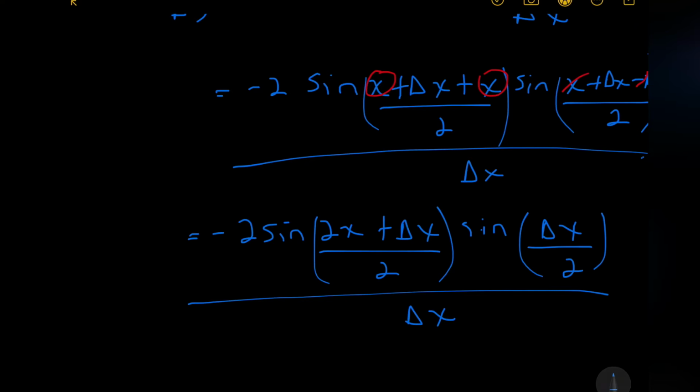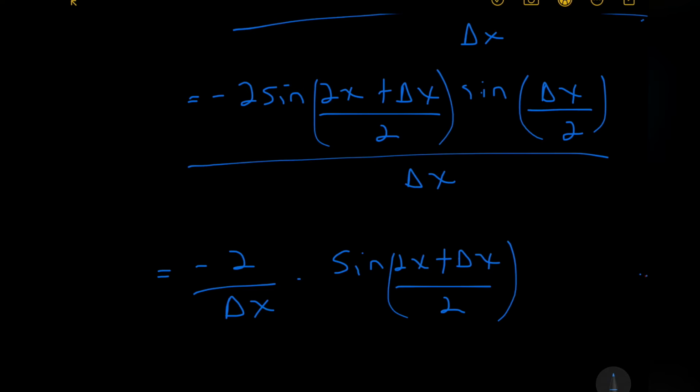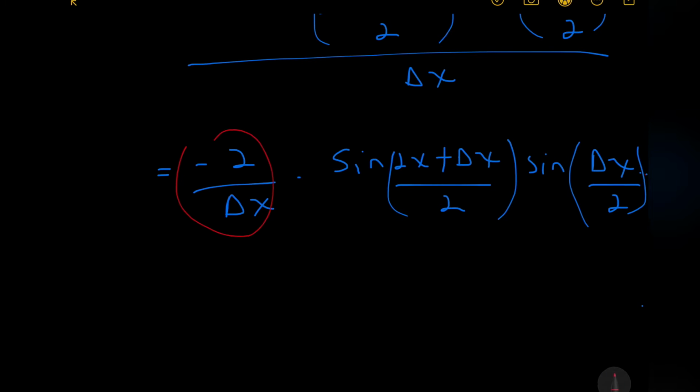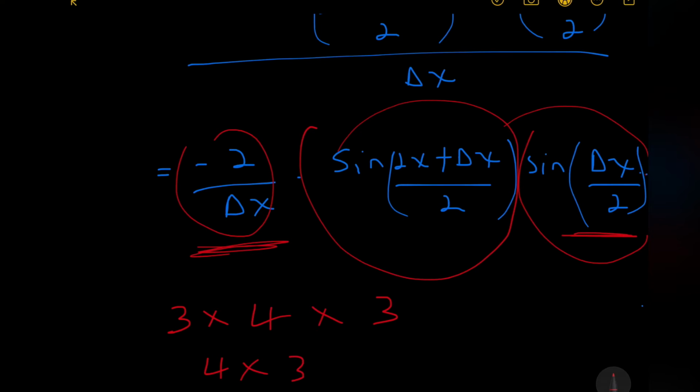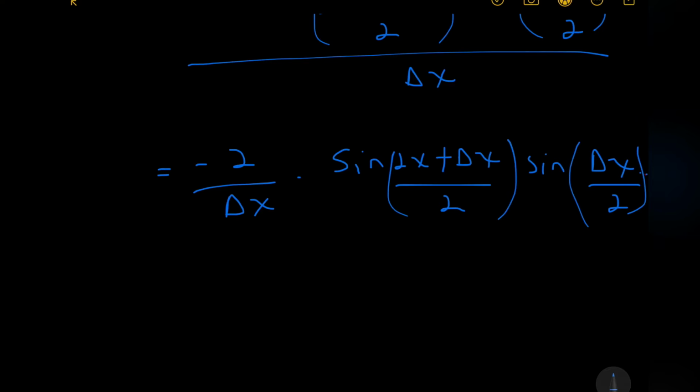We can rewrite it, since we are multiplying these three factors, so we can apply the denominator to just one function. And we're going to leave the negative sign in front.